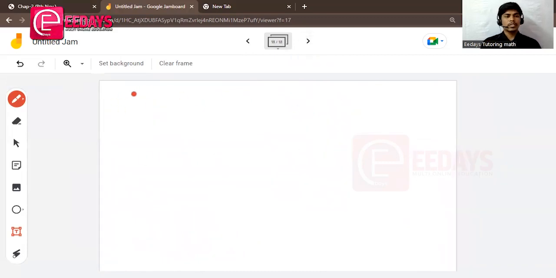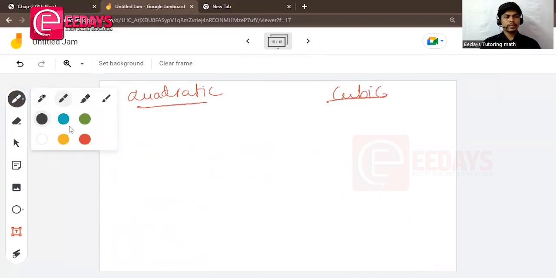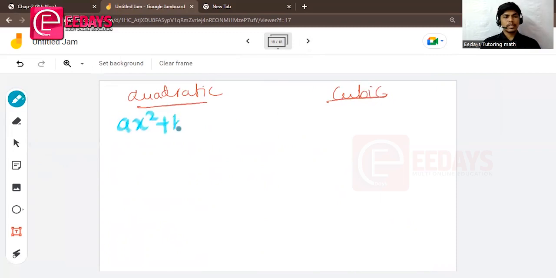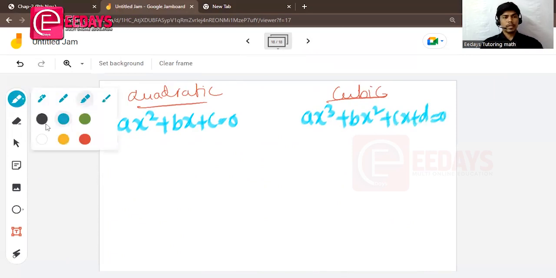So do one thing. Write the quadratic and cubic at one side. Quadratic, we are taking ax square plus bx plus c is equal to 0. For cubic, that is ax cube plus bx square plus cx plus d is equal to 0.